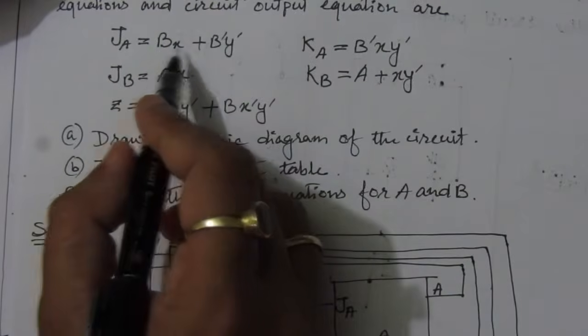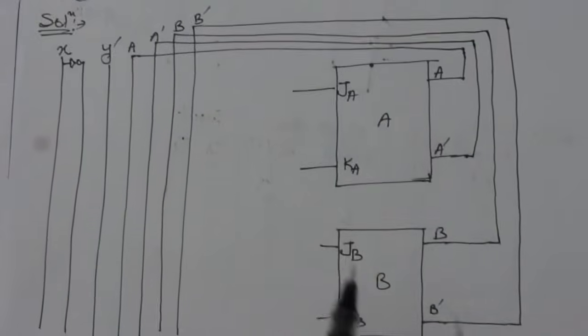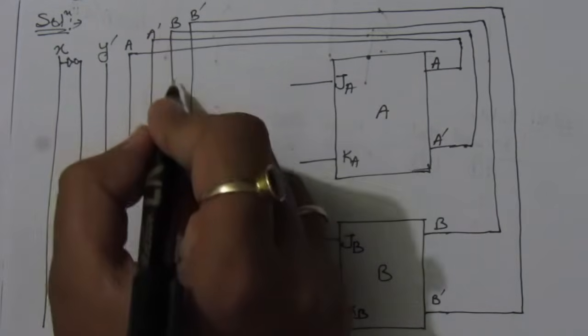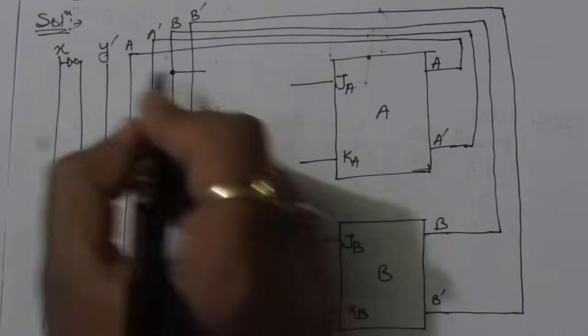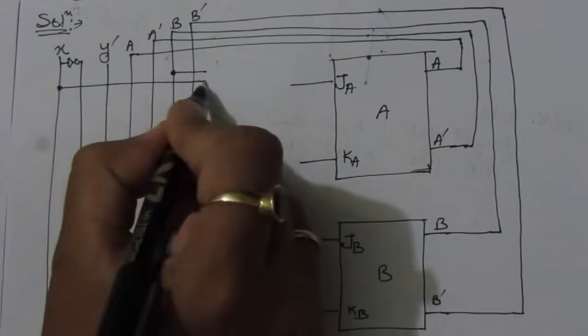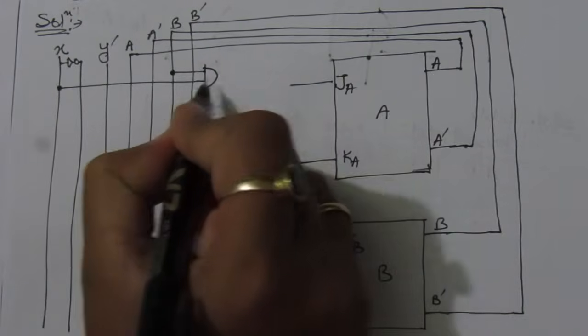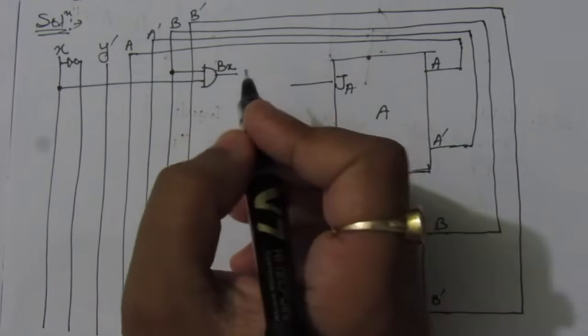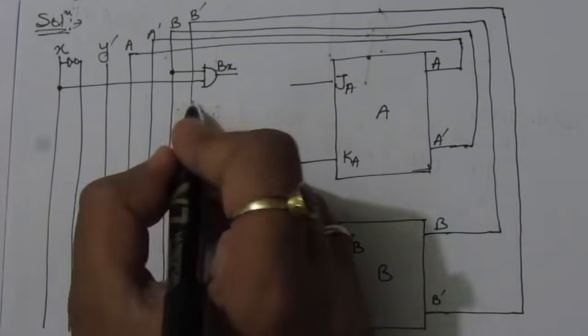Now we have JA is Bx plus B bar Y bar. First of all, we have to find Bx. This line is B. Take a line from X, use an AND gate, and here we'll get Bx. Then B bar Y bar: this line is B bar.